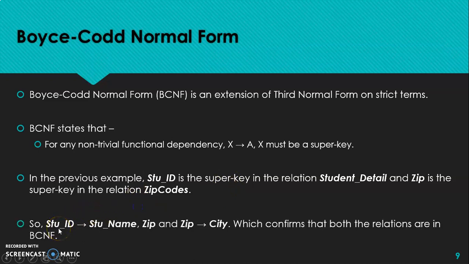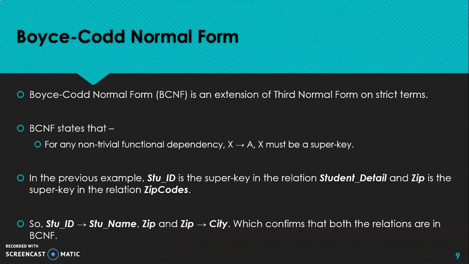So we have a super key in both relations. Student ID identifies student name and zip, and zip identifies your city, which confirms that both the relations are in BCNF, because student ID is a super key here and zip is also a super key in the zip code relation.